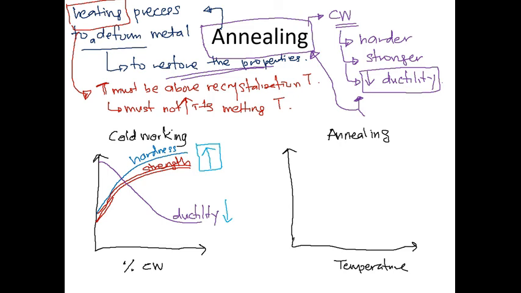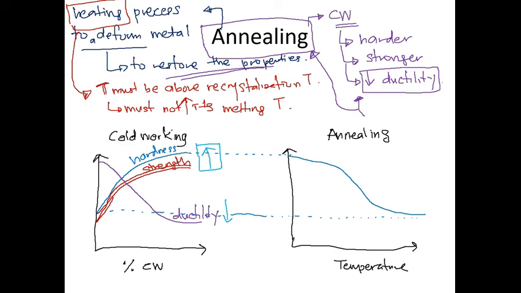So what happens when you increase the temperature? What happens to the hardness? This is the hardness, and this is the original hardness point. As you can see, when you perform annealing, your sample will have its original properties.